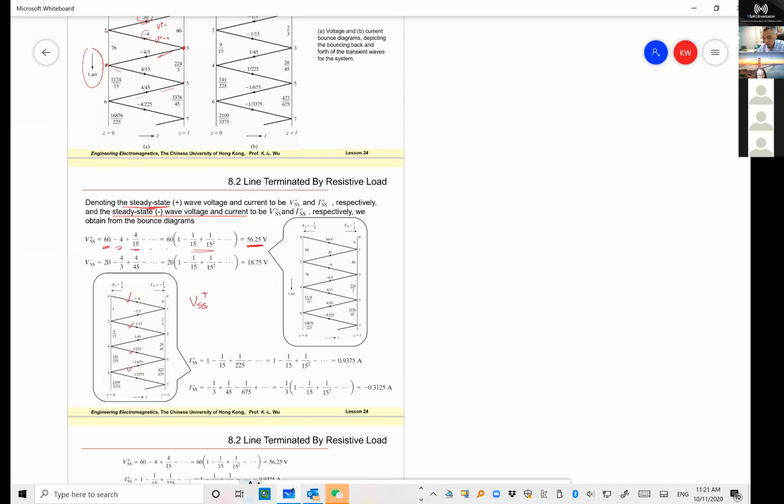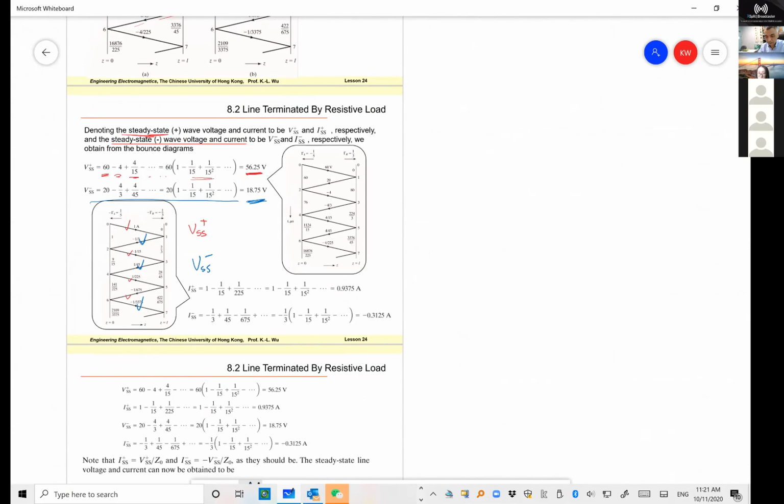And this is the steady state in the minus z direction. I can add them up. This is equal to this. Similarly for current.